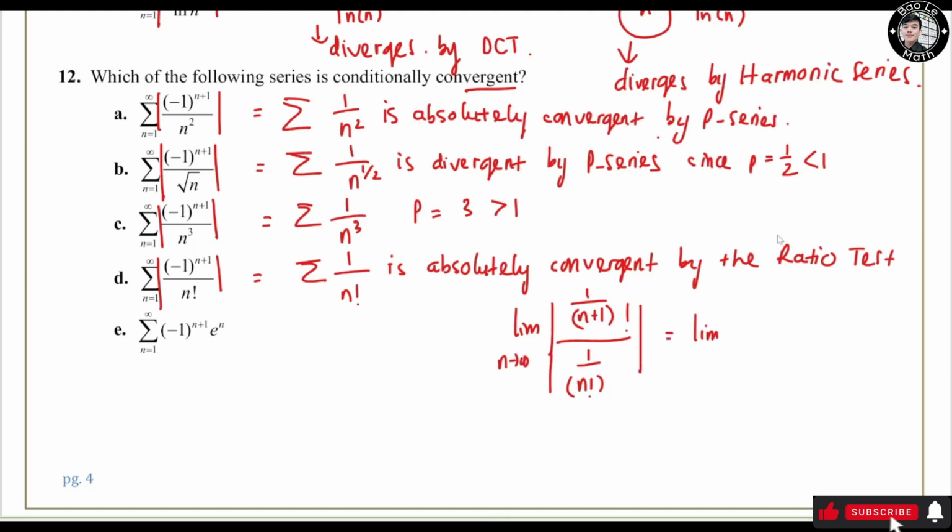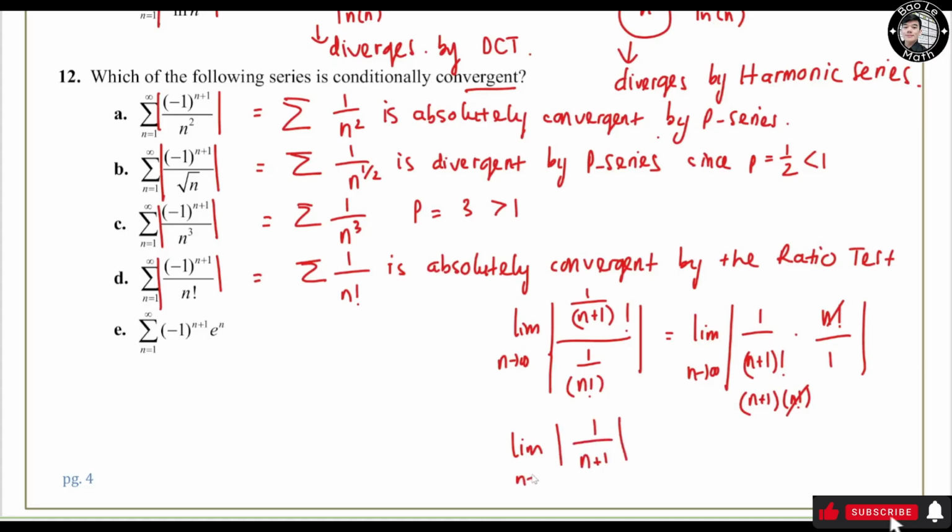That equals the limit of the absolute value of 1 over n plus 1 factorial times n factorial over 1 when n approaches infinity, right? n plus 1 factorial is n plus 1 times n factorial. This cancels out, so it becomes the limit of the absolute value of 1 over n plus 1 when n approaches infinity, and this equals 0, less than 1. So it is absolutely convergent by the ratio test.